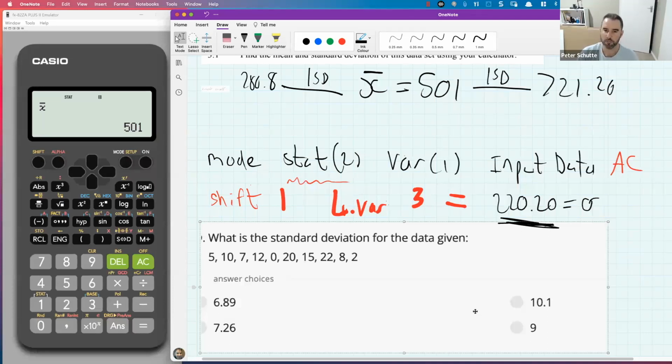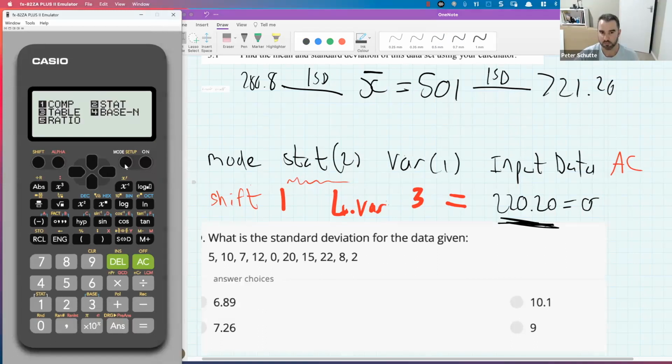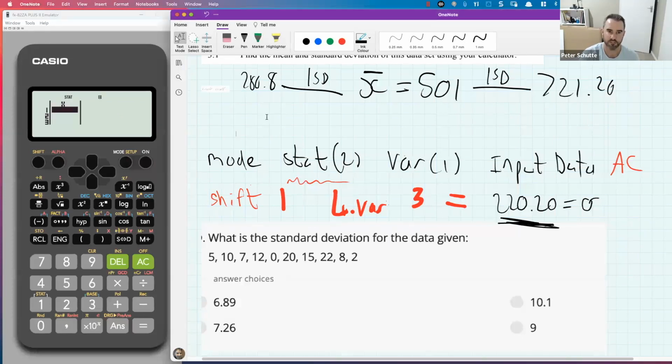To find the standard deviation, I'm going to click mode, and then 2, and then 1. And then I should get that. So that is the first 3 steps, mode, stat, var. And now I'm ready to input data.